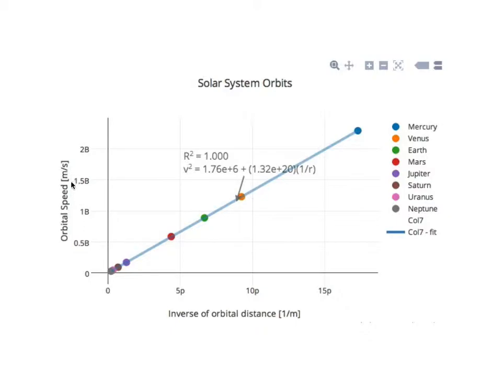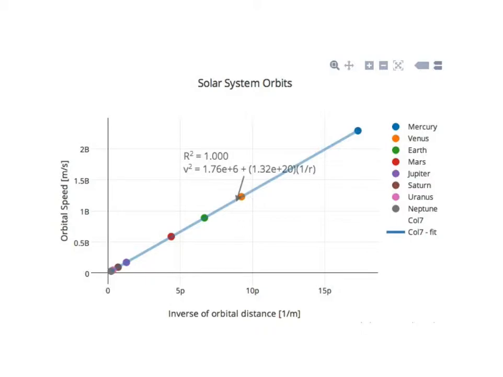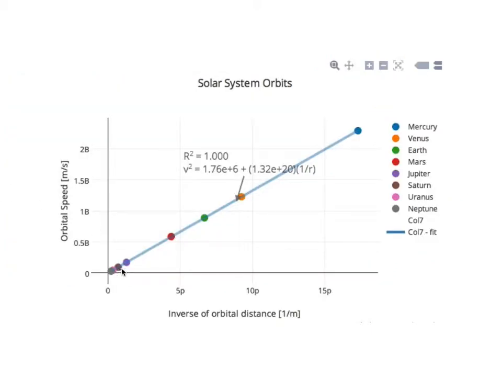And if I plot the orbital speed squared versus 1 over r, then the slope of this should be GM. And you see all the planets fit this line just nicely.